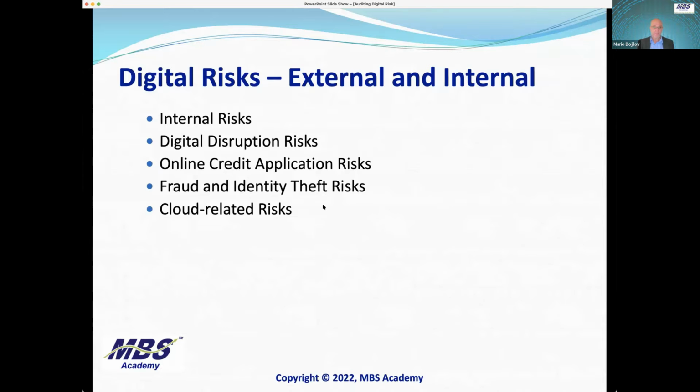Cloud-related risks. All right, so cloud is showing great promise, and a lot of organizations are going to use it more and more, but it brings some risks with it, which we'll discuss shortly, that we need to be mindful of. Data governance and privacy. Again, we are storing more and more data for more and more people as an organization. So what are we going to do with these data items?